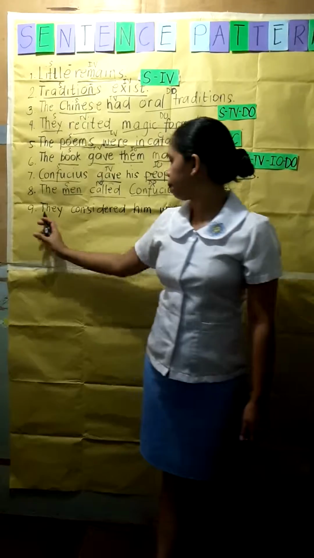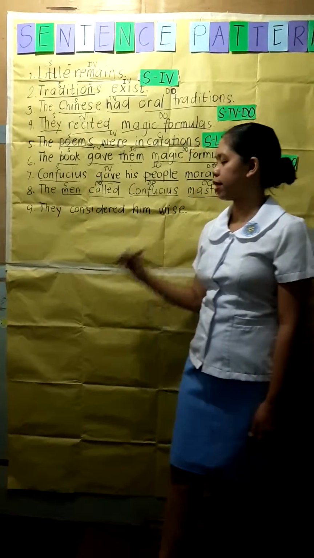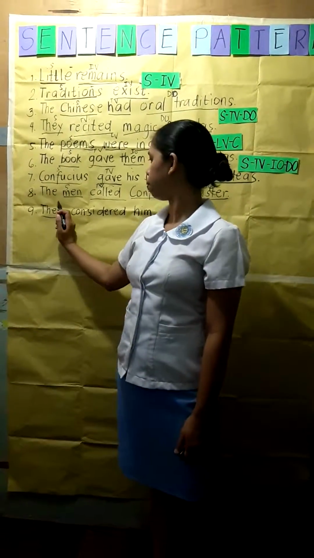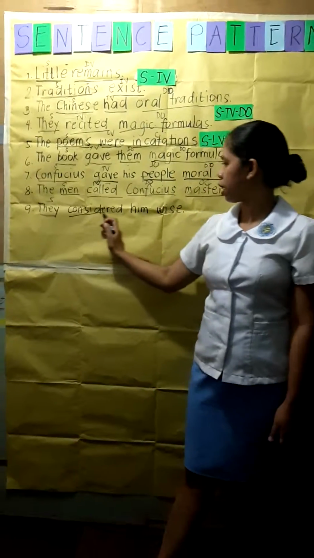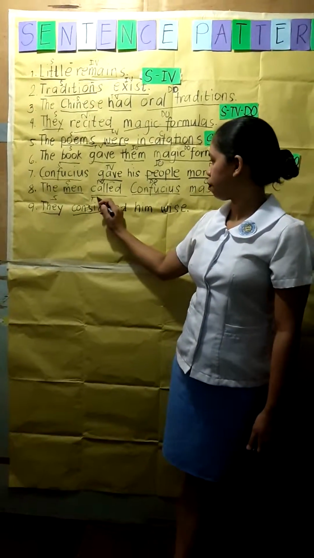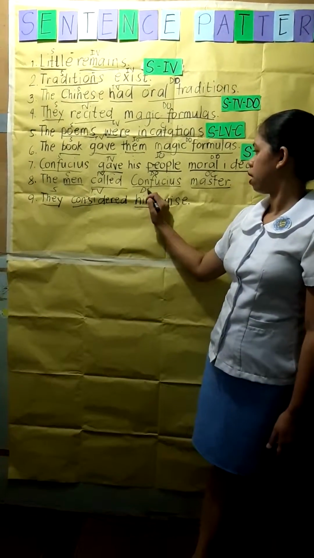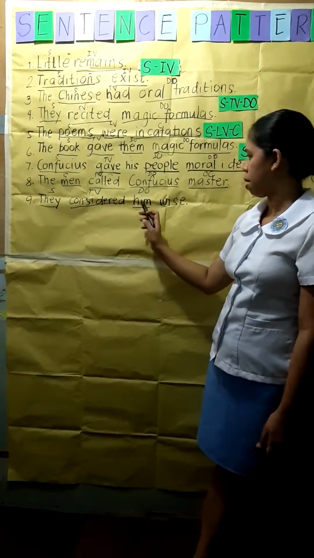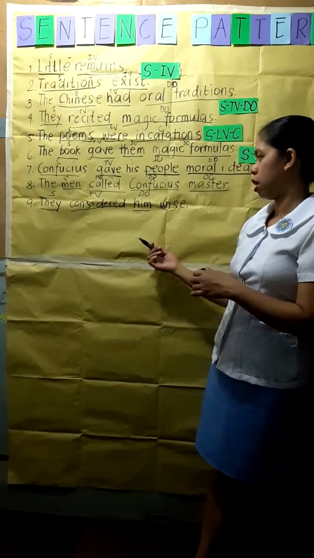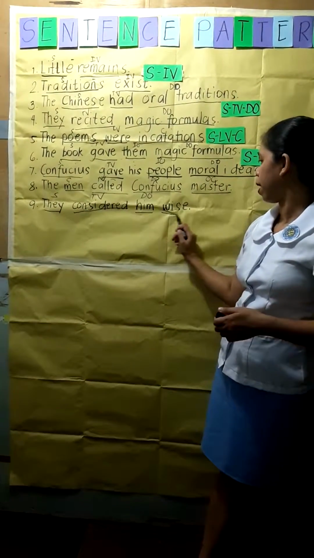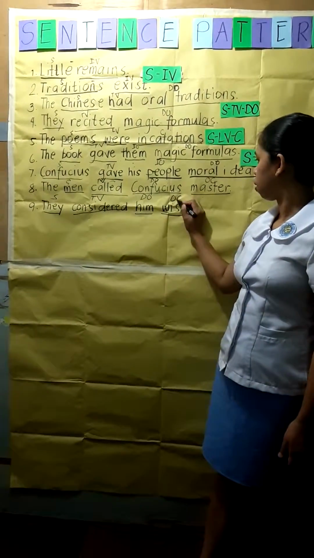Another example, they considered him wise. So they is our subject, considered is our transitive verb, him is our direct object. So in this sentence, what did they consider him? So they considered him wise. This is our object complement.